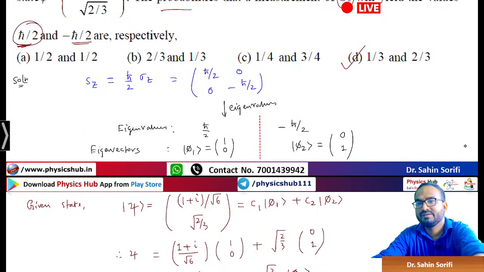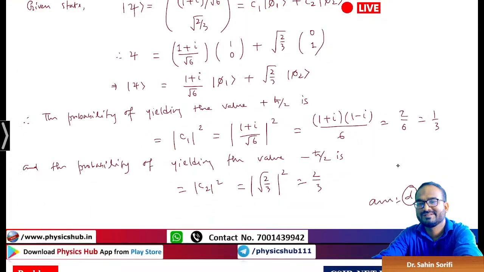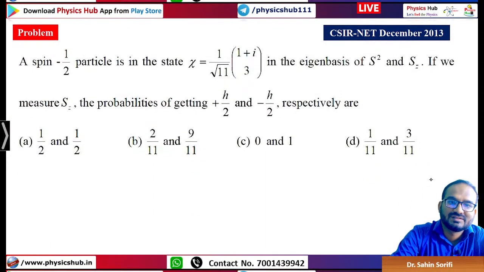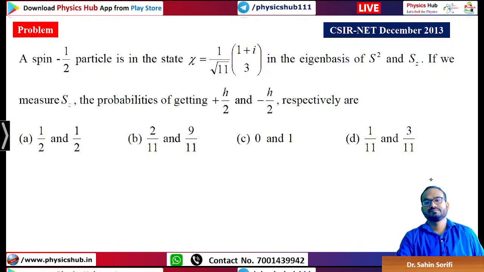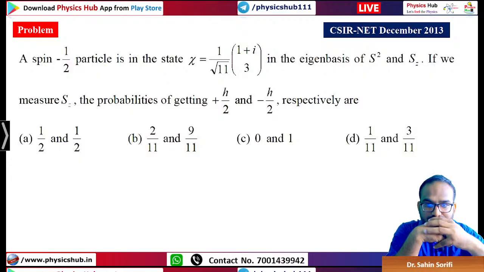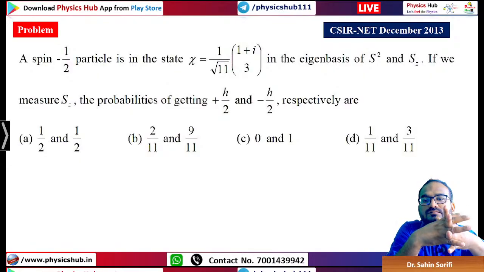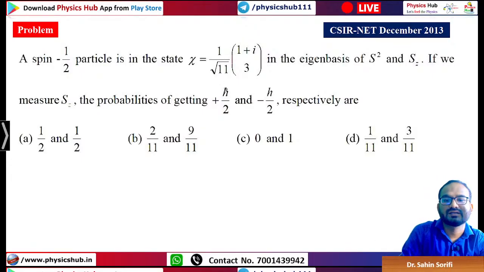Look, this came in June 2023 and December 2023, you see, a very similar problem. They just change the value. Do it. Achha, this will be H cut, na?